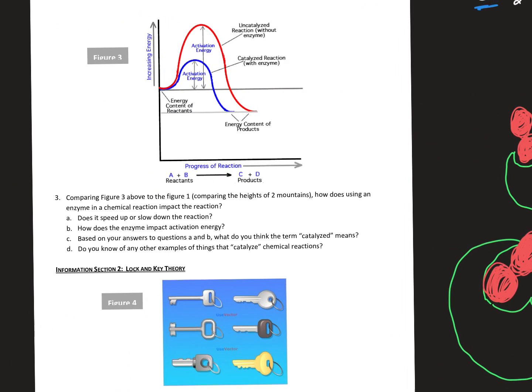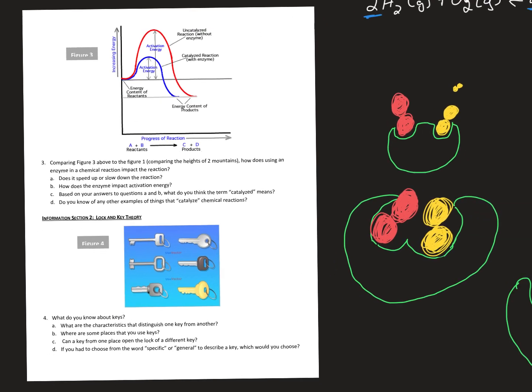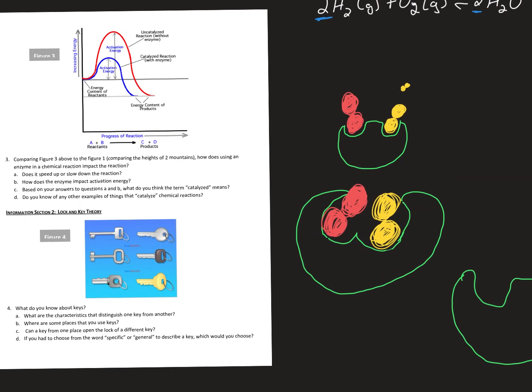So when we look at lowering the activation energy, it's about this fitting into these specific shapes, right? The shapes end up being a very important component of what's going on here. This hydrogen molecule has to fit in this activation site. This oxygen molecule has to fit in this activation site.